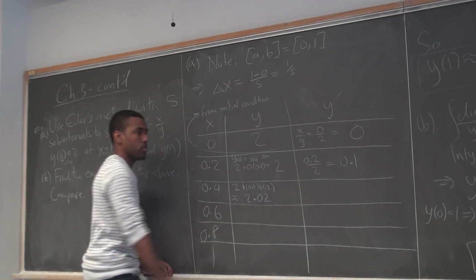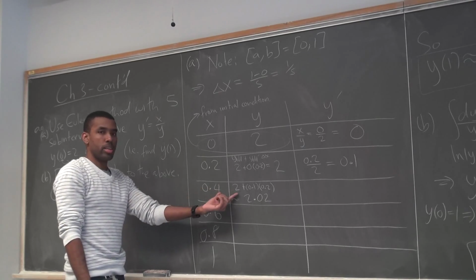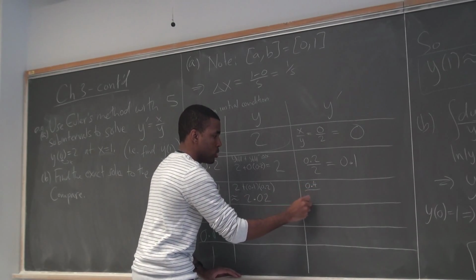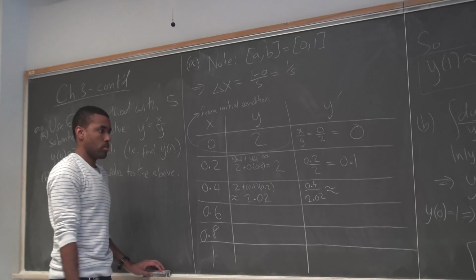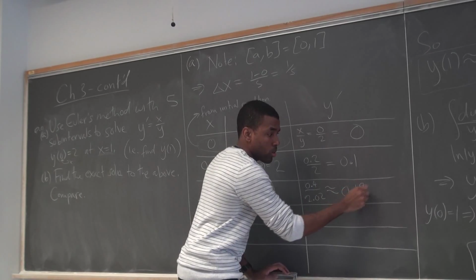And what goes over here? The x divided by the y. So it's 0.4 divided by 2.02, which is 0.198.